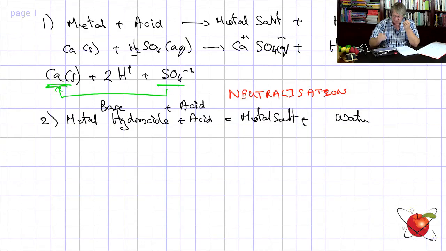Too much HCl, too much tummy acid. You take an antacid. All it is, it's kind of like a metal hydroxide, right? Calcium carbonate will do it as well. It'll also neutralize it, giving off a gas. But essentially what we've got here is a neutralization reaction.